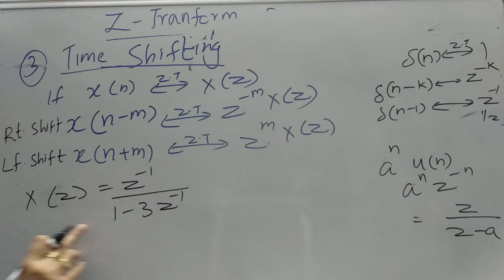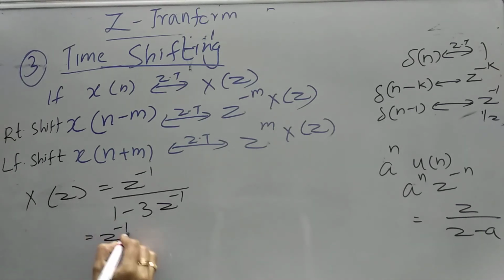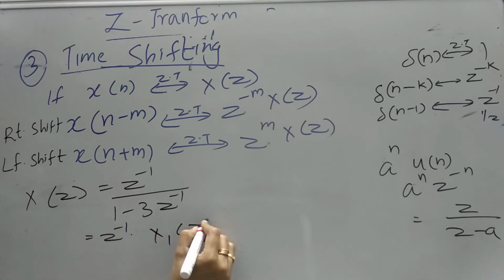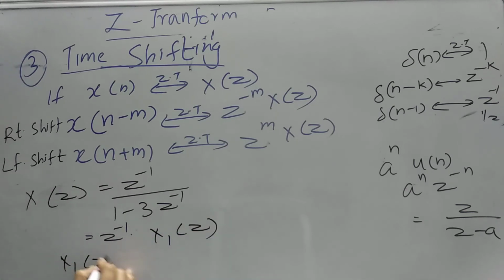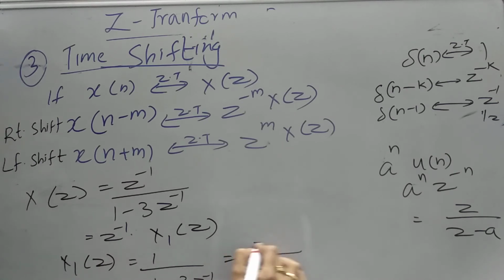Here you can write this as two functions: z raised to minus 1 into X1 of z, where X1 of z is equal to 1 by 1 minus 3 z inverse, that is 1 by 1 minus 3 by z, that is z by z minus 3.